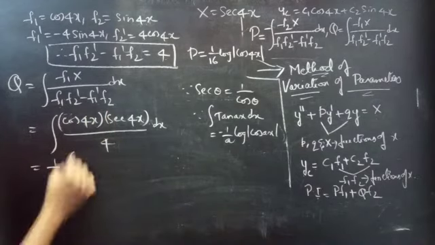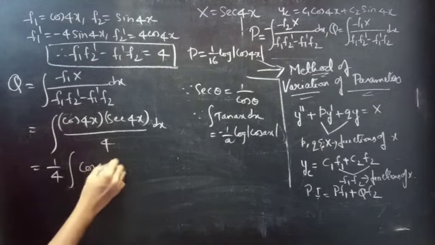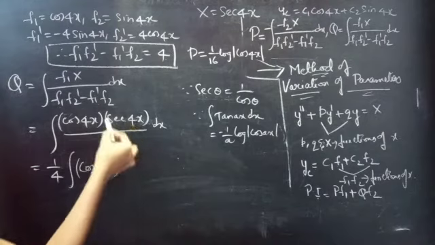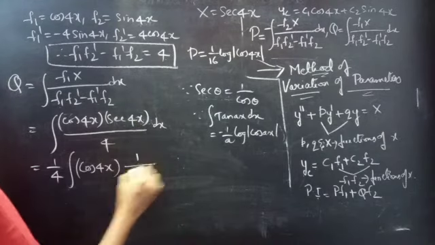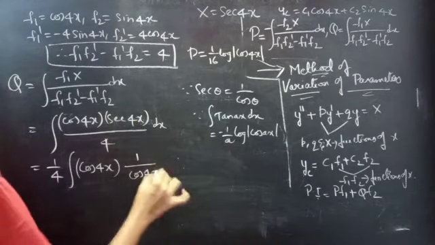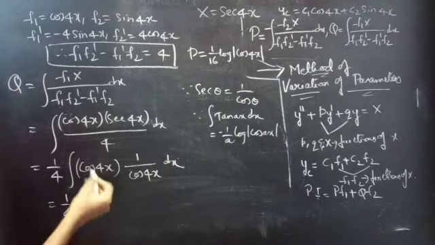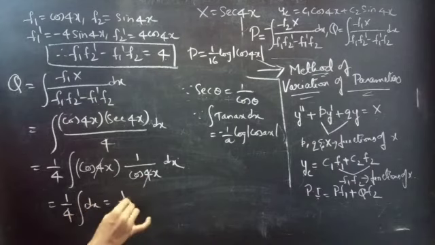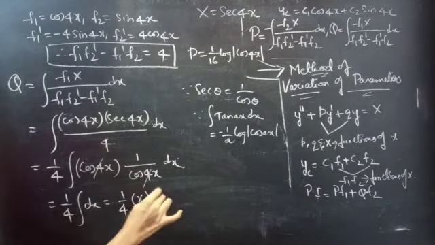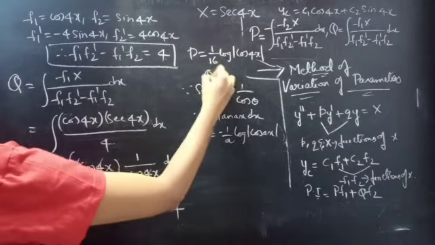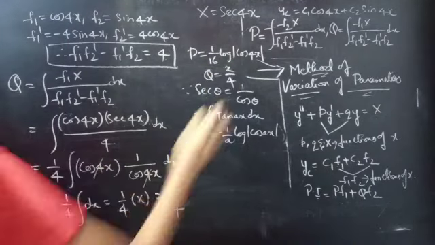You get 1 by 4 into cos 4x. Since we know that secant theta equals 1 by cos theta, you can write secant 4x as the reciprocal of cos 4x into dx, right? Which equals 1 by 4 into, you'll get 1 into dx, which is dx, equals 1 by 4 into x, that is x by 4. You got q equals x by 4.